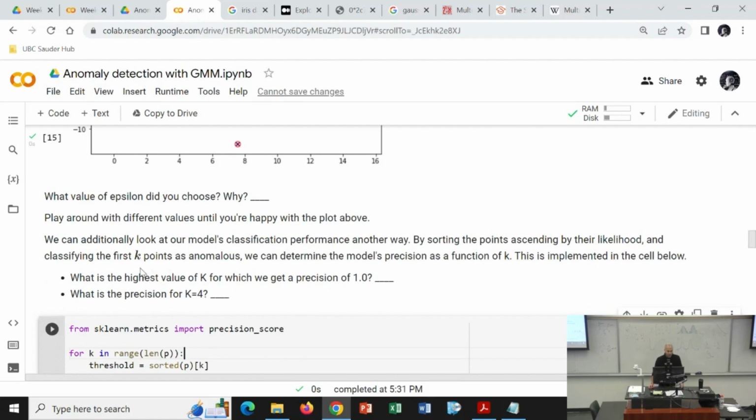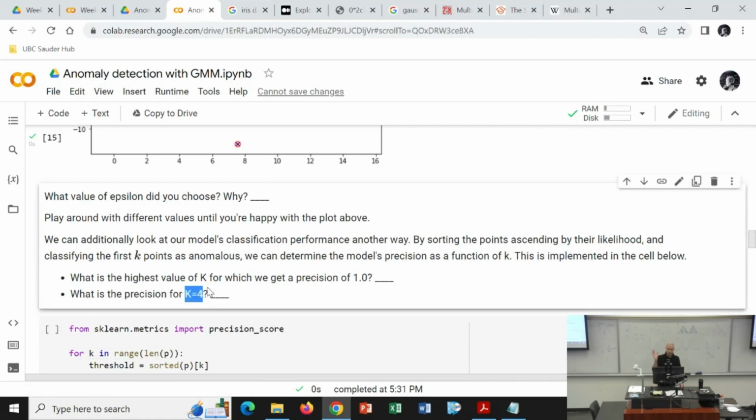For example, here it asks, what happens if we just sort these p-values and pick the fourth smallest value as the threshold? Well, then we're going to detect 4 of the outliers and miss 6 of the outliers. Our precision will be 100%. Our recall will be 40%. Recall is 1 minus how much we miss. We missed 6 out of 10.